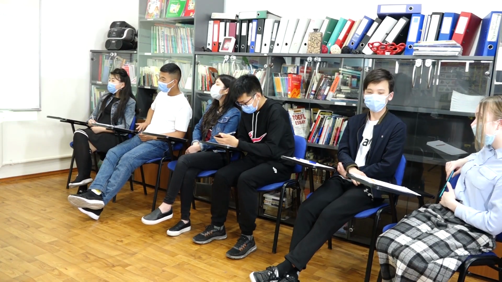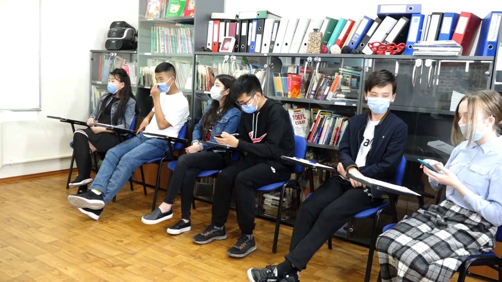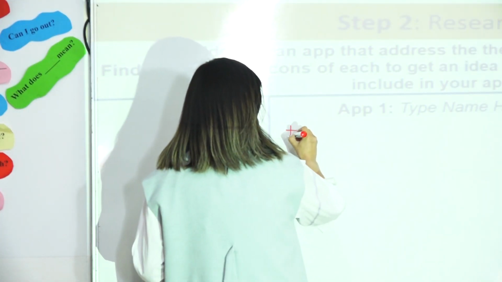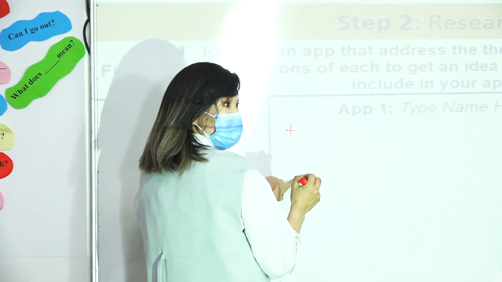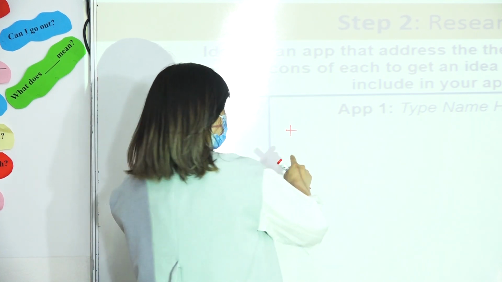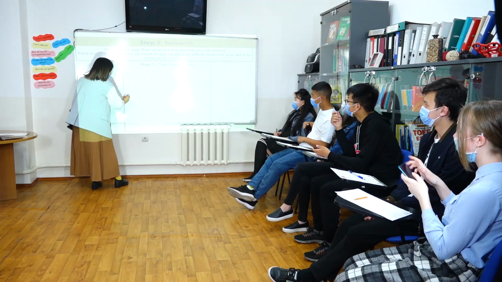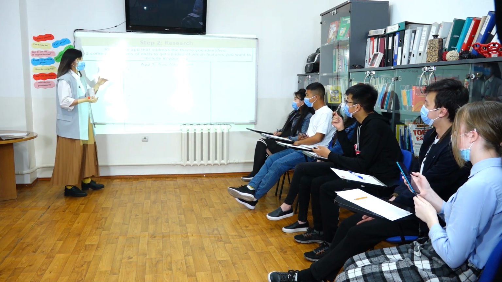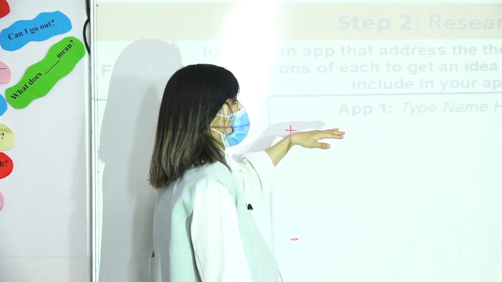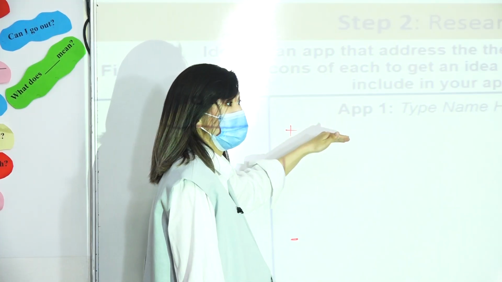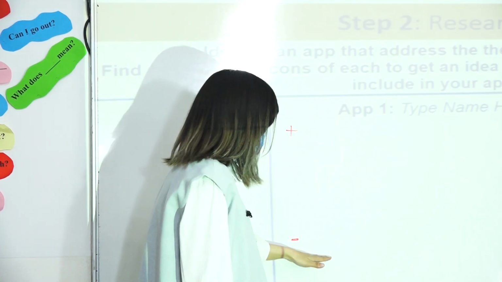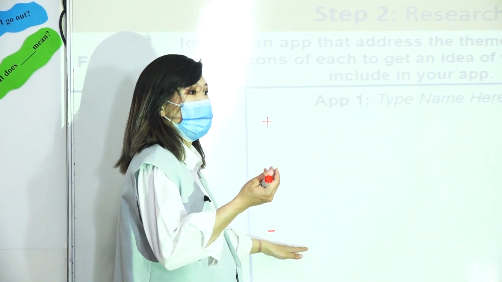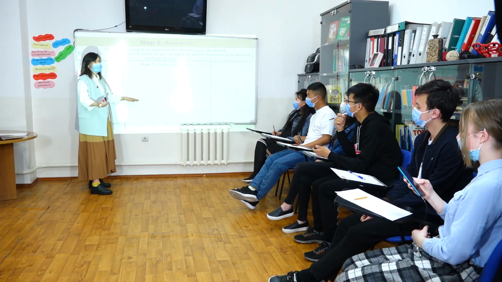So maybe you can look at them and think what positive things you liked, like strong things that this app has, and maybe some negative things, some problems that this app might have. For example, I like that the purpose of this app is excellent, but the negative thing could be it's not free. Not everyone can afford it.